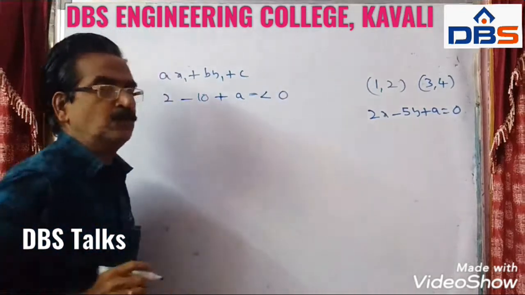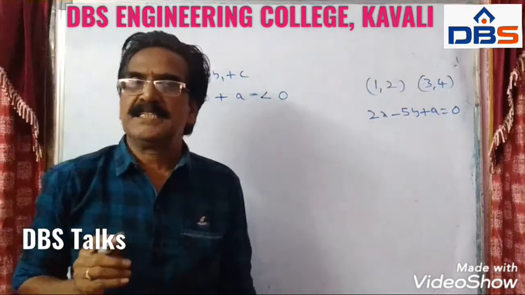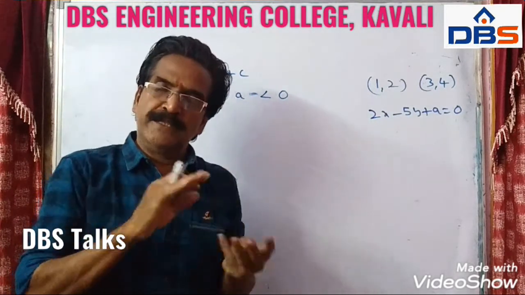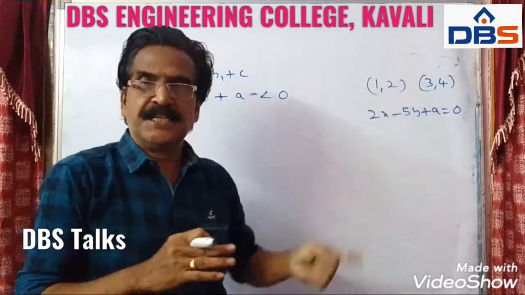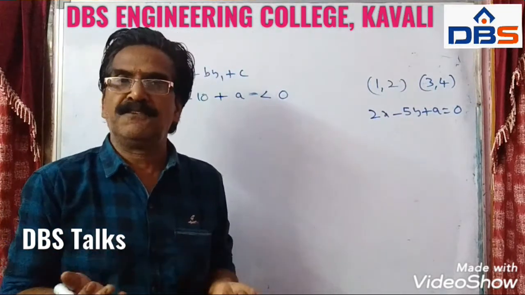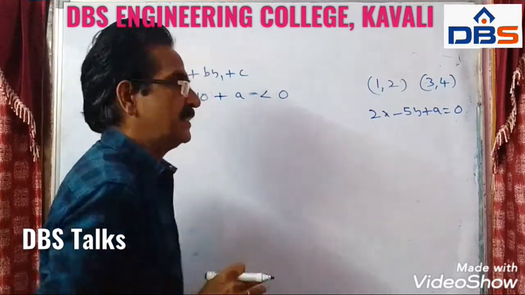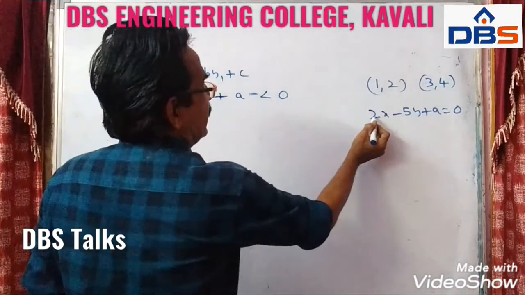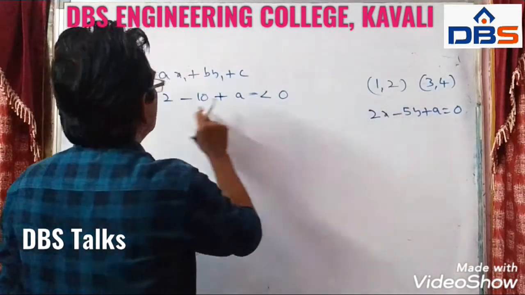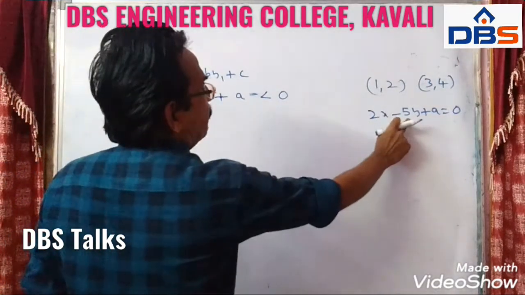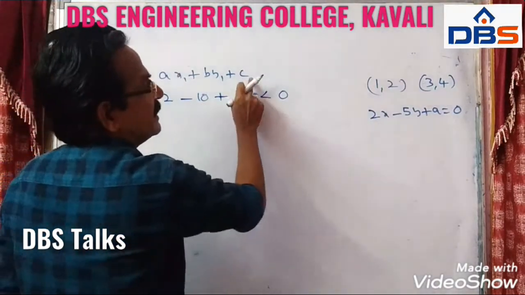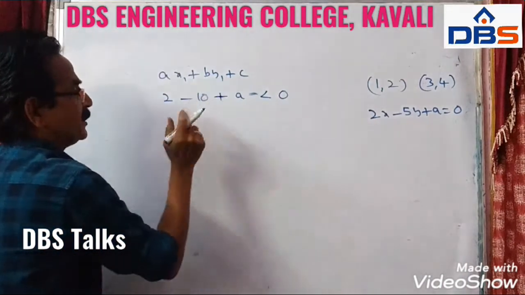We have to consider two cases, friends, because if they lie on the same side, either both must be less than 0 or both must be greater than 0. First I am considering the case less than 0.